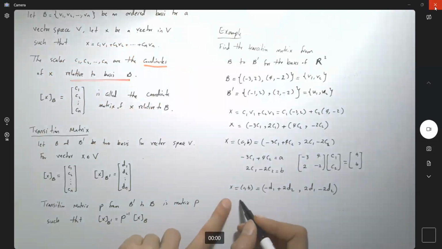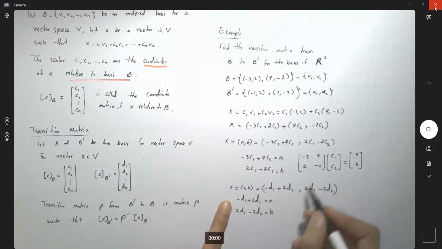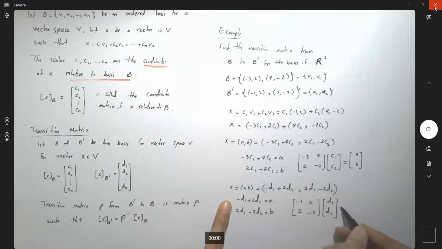So basically, negative d1 plus 2 d2 is a, and 2d1 minus 2 d2 is b. The same as before, here you have the matrix with columns (-1, 2) and (2, -2) multiplied by d1 and d2 equals a and b.